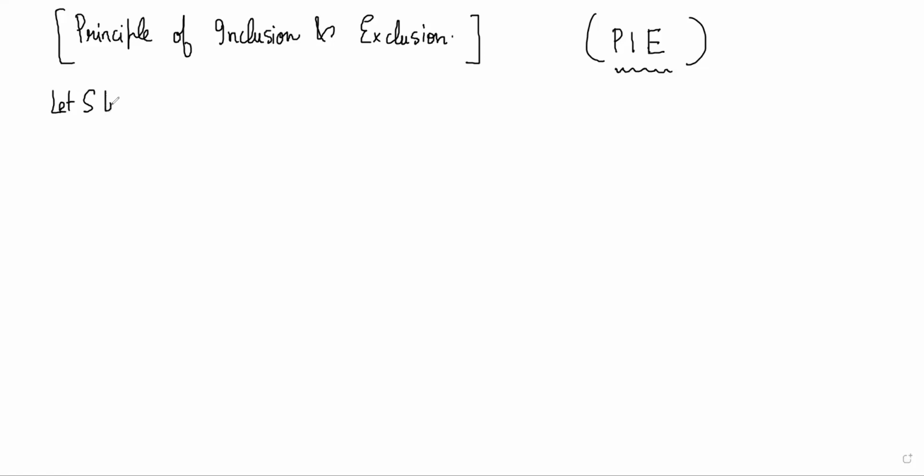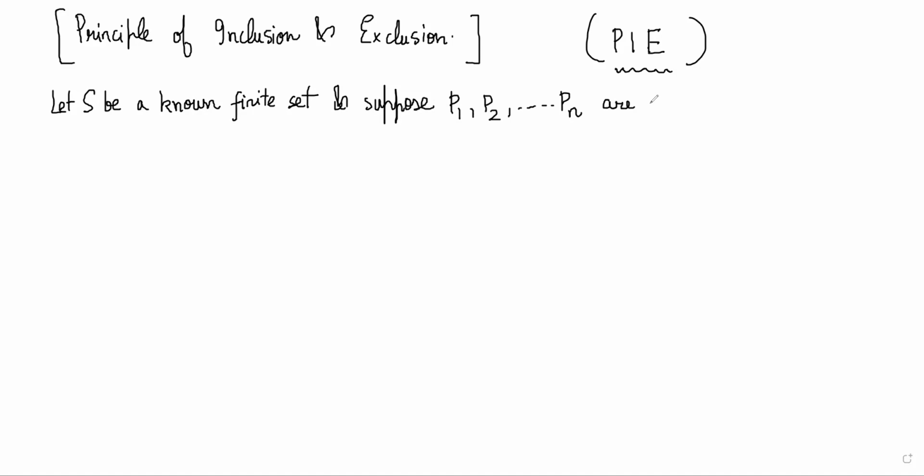So let S be a known finite set, and suppose P1, P2 till Pn are n properties related to the elements in S. So basically, the elements of S could have any of these properties P1, P2, Pn.